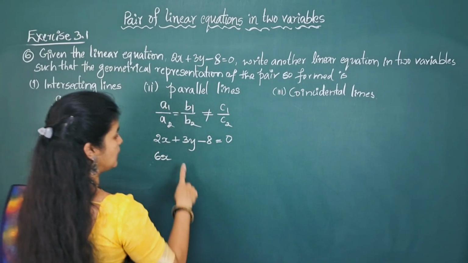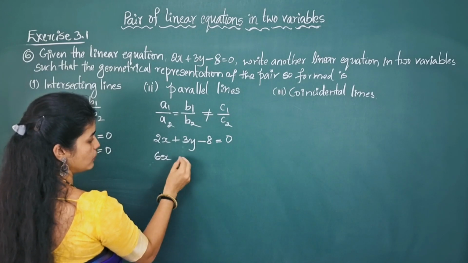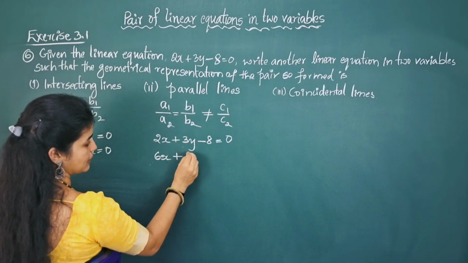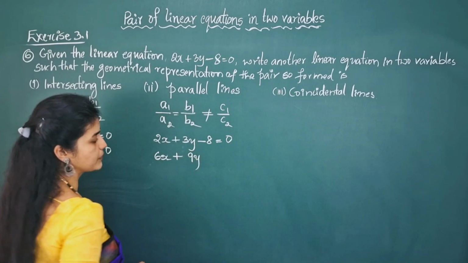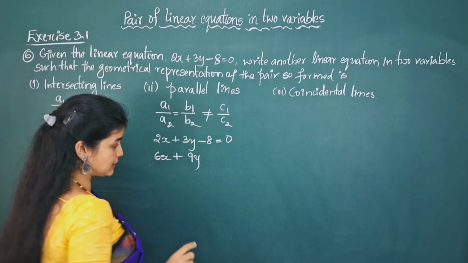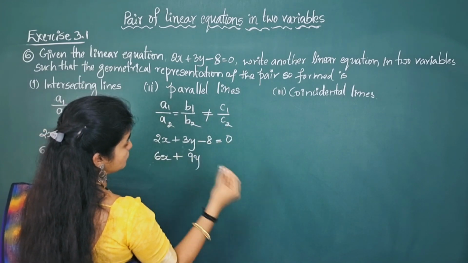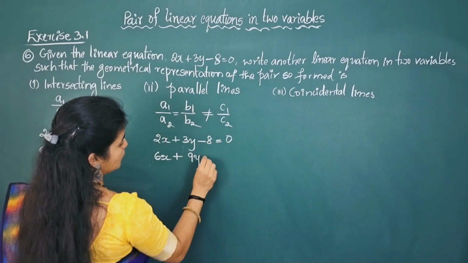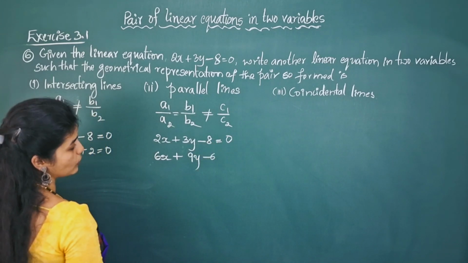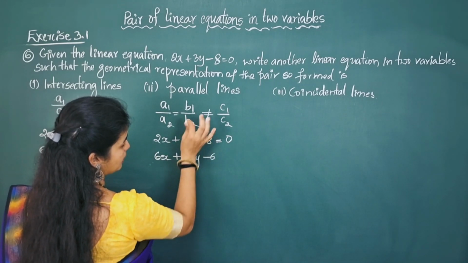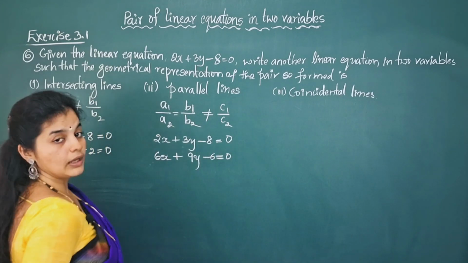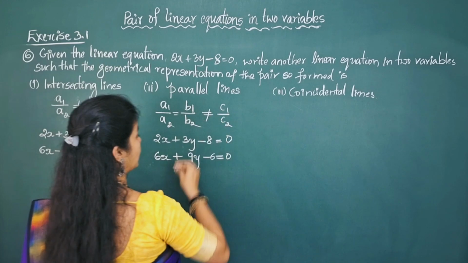It becomes 1 by 3. The ratio should be the same, so I will write this as plus, and for 1 by 3 here I should take 9y. So 2 by 6 is 1 by 3, 3 by 9 is 1 by 3, and that should not be equal to C1 by C2. So we will take a different term here. C1 by C2 is not the same as A1 by A2 and B1 by B2. So this is equal to 0. These two equations make parallel lines.